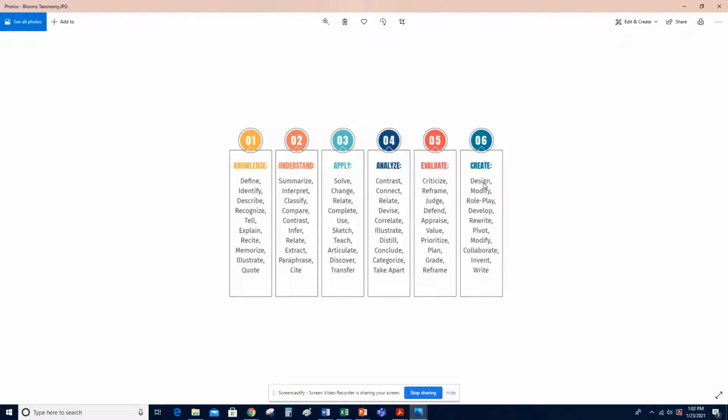When you get them to the creative level, that's higher order thinking. Either you question them at the higher order thinking, or you draft your objective at the higher order thinking, depending on the population. I would suggest always starting at the apply, unless the TEK is difficult, then you can start lower.